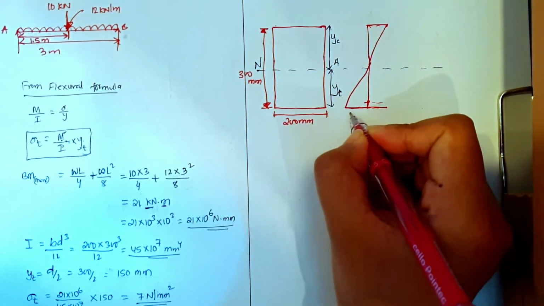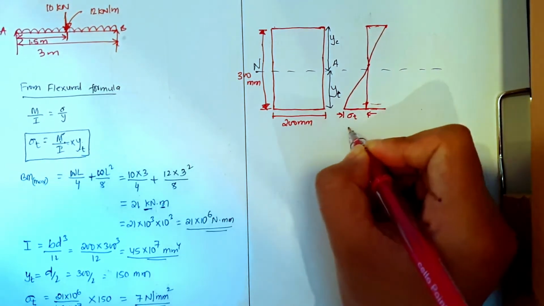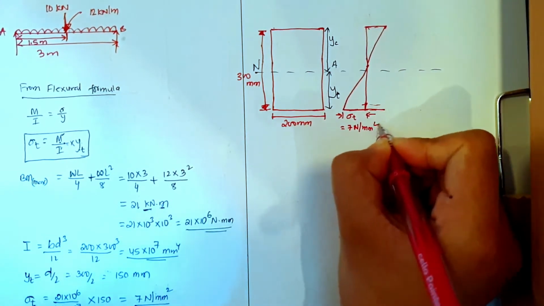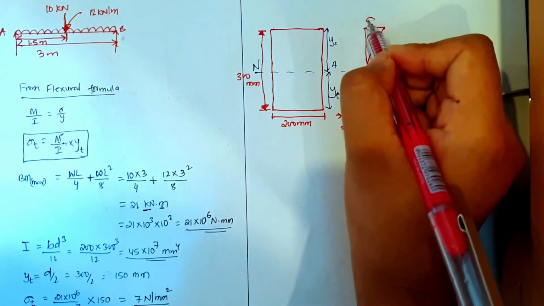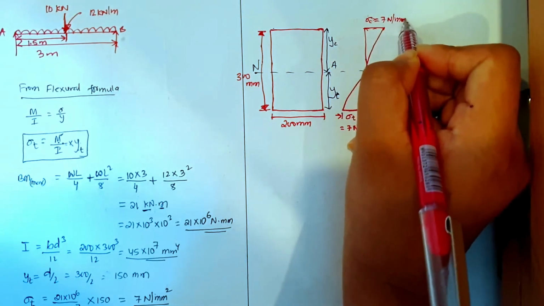So yahan par this is the maximum which is positive, right? Sigma t came equal to 7 Newton per mm square, and yahan par sigma c bhi utna hi aayenge, 7 Newton per mm square.